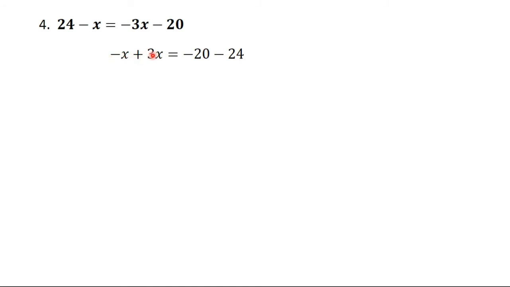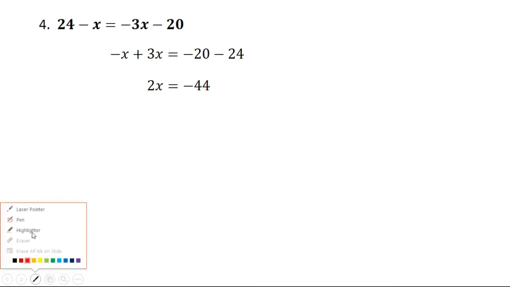Now, from indices, we know that minus x plus 3x will give us 2x. The reason being that the coefficient of this minus x here is 1. Sorry, I'm using the pen on my laptop, that's why I'm not able to write it well. I'm going to write 1 well so that you see what I'm talking about.